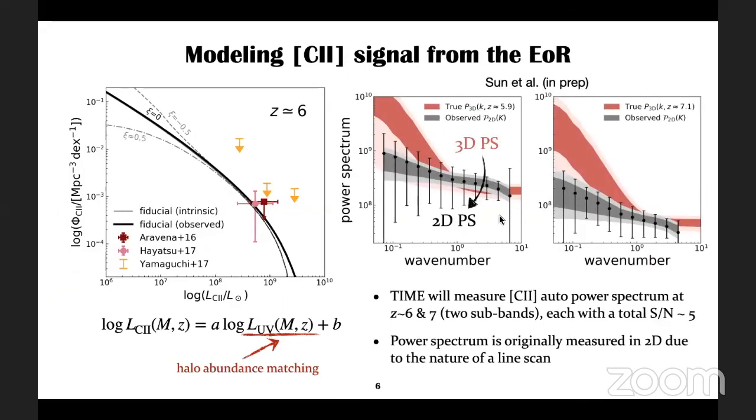Depending on the direction of changes, we'll probably have a lower or higher signal from our observation. But that also means that our power spectrum measurement will be a sensitive tool to help constrain the [CII]-SFR relation.